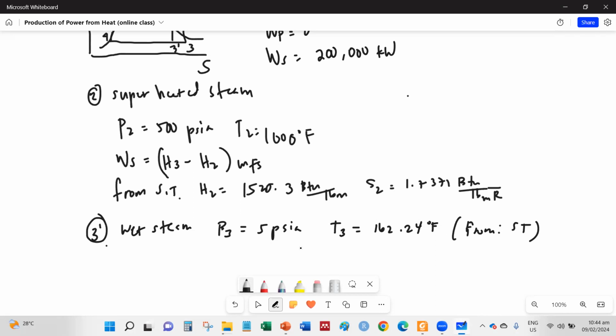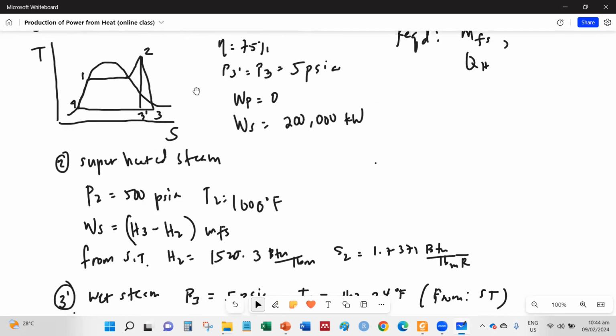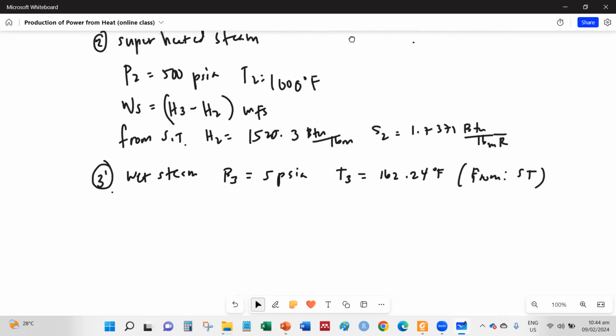So using the fact that this is an isentropic process right here. So hold on, let me browse. So from H2 to H3 prime is an isentropic process.